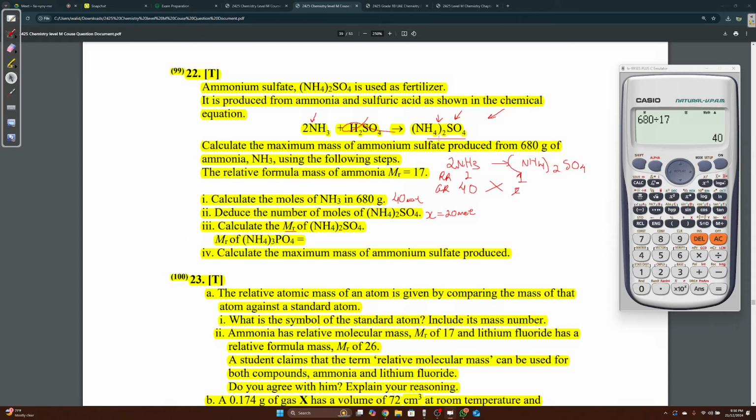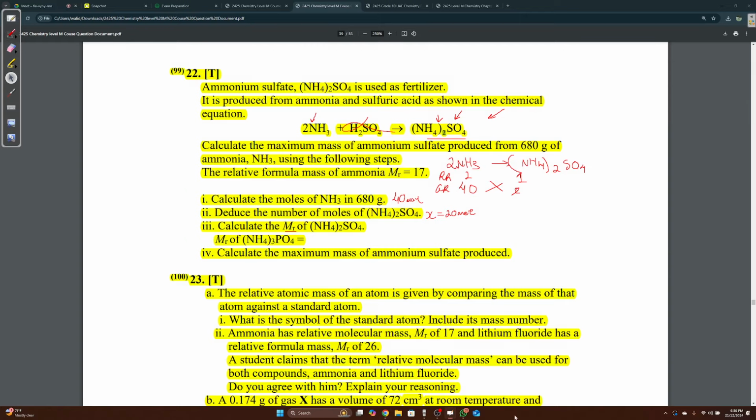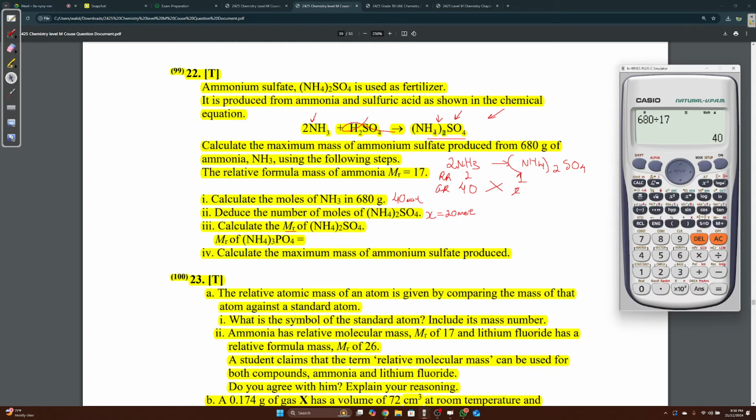When you have a compound like this, some people forget about the 2 over here. Don't. We're first going to find NH4, then multiply by the 2. NH4 is 14 plus 4, 18, times 2, plus now the SO4. S is 32, oxygen is 16, so 16 times 4. And you get 132. And please don't forget the unit.